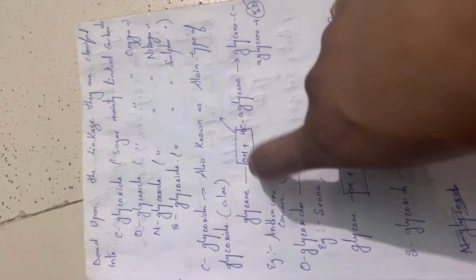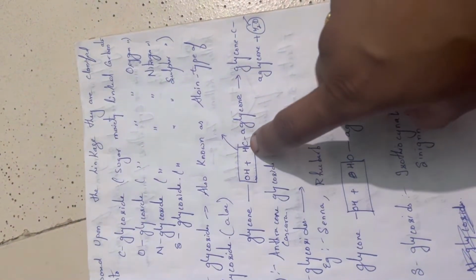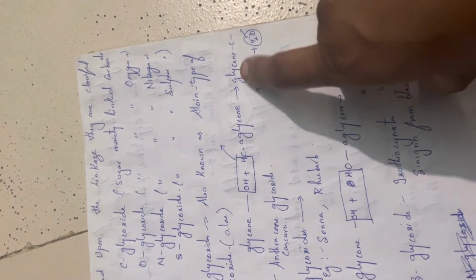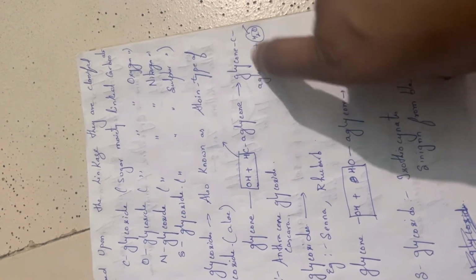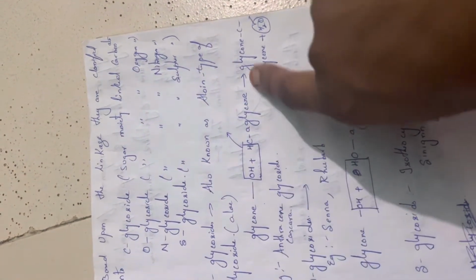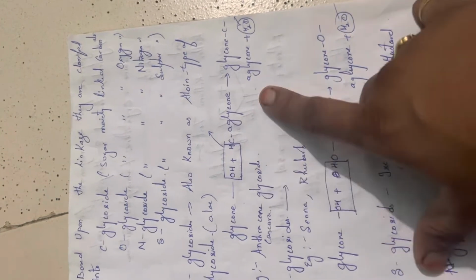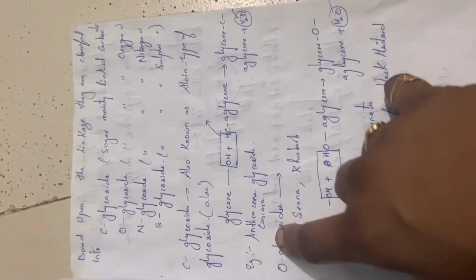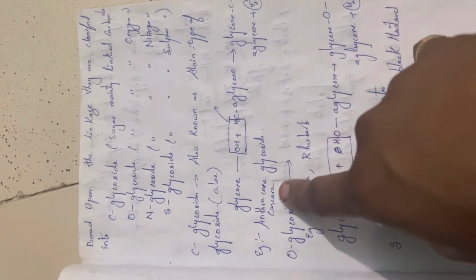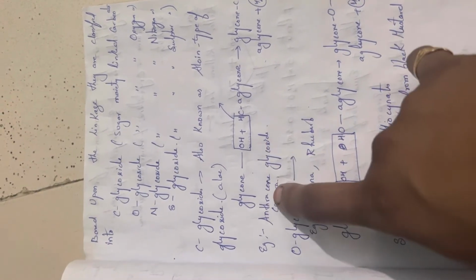Water is eliminated and we form glycone C aglycone. This is the linkage. These reactions are very easy to remember. Examples are anthracene glycosides, for example cascara, a C glycoside.